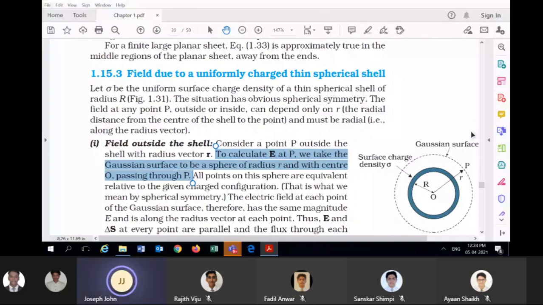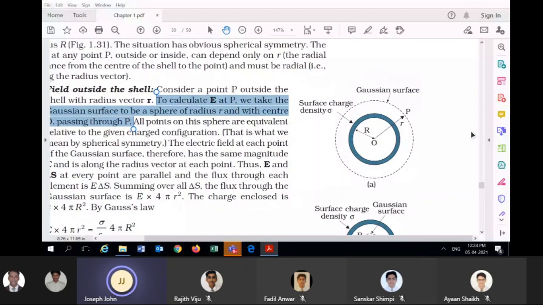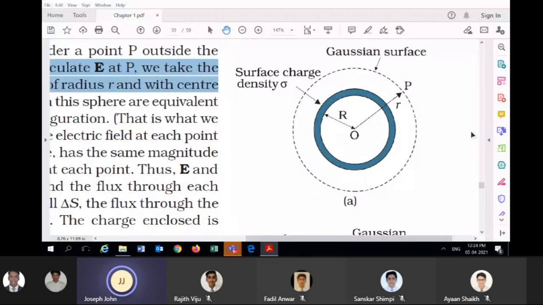Can you draw this diagram first? This diagram is needed immediately. Please, small diagram only, takes less time. Draw two circles only. One is capital R, one is small r.